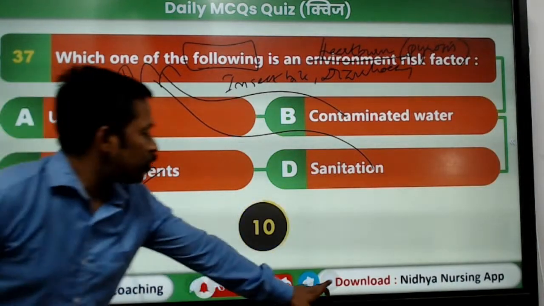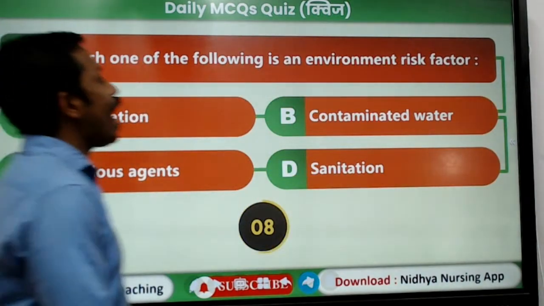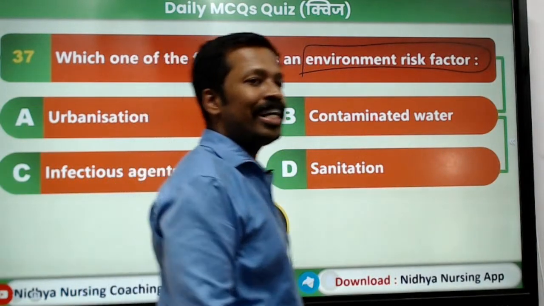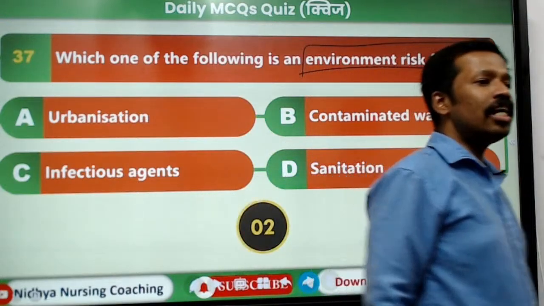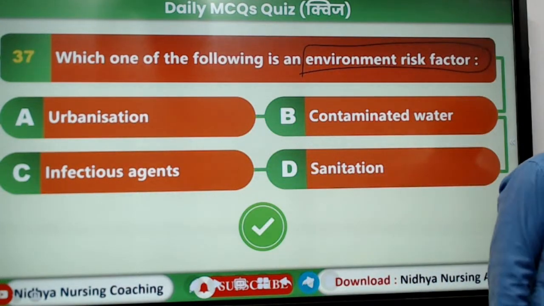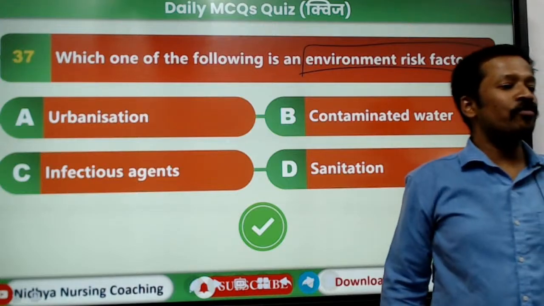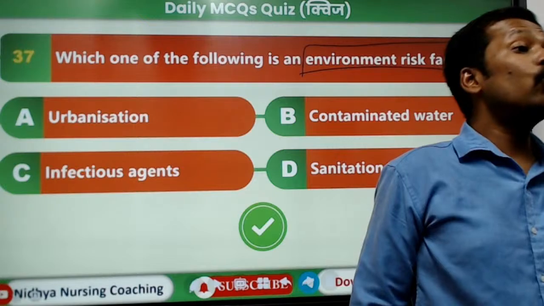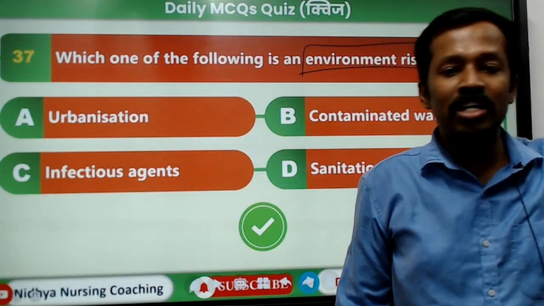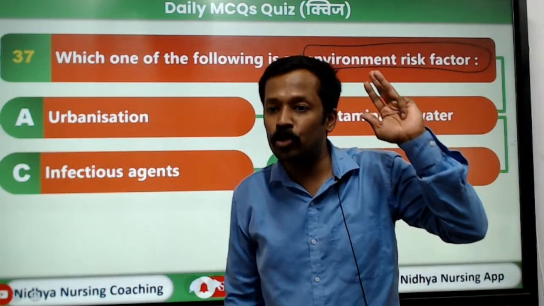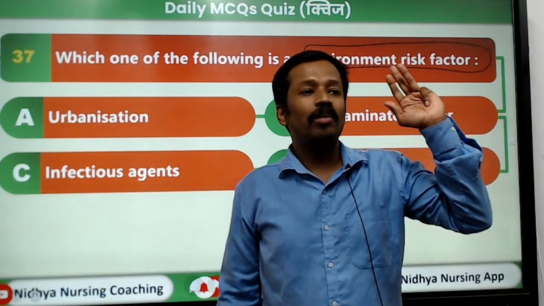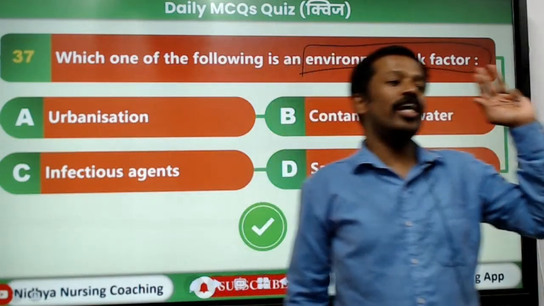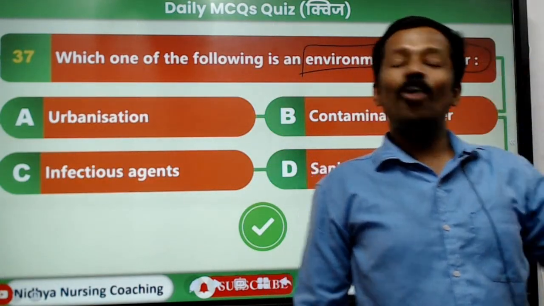Which one of the following is an environmental risk factor? What are the environmental risk factors? One of the environmental risk factors is pollution. What type of pollution? Water pollution, air pollution, noise pollution, every pollution.